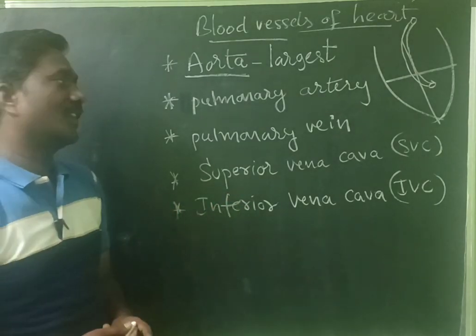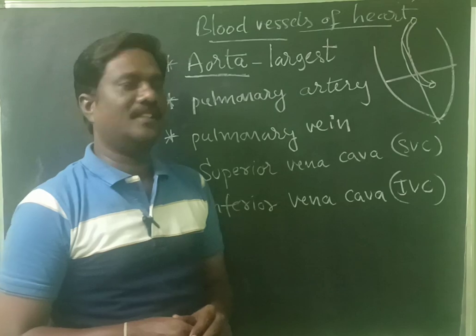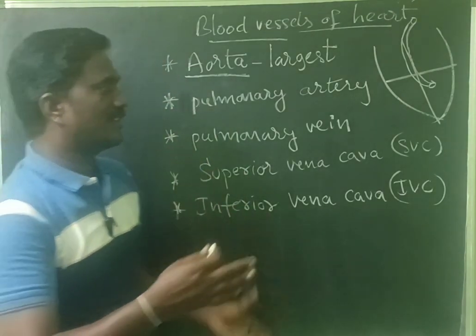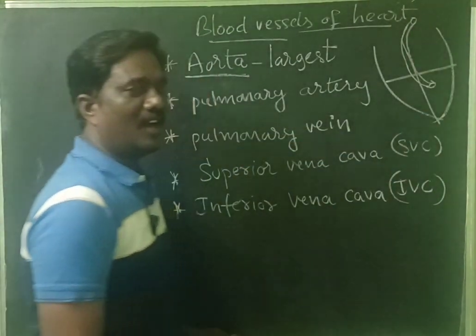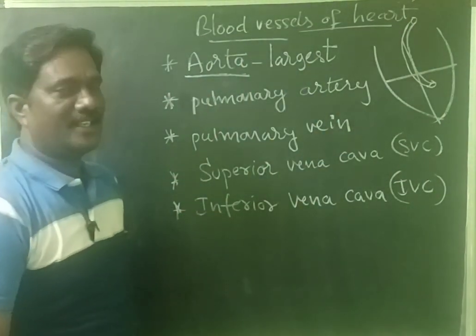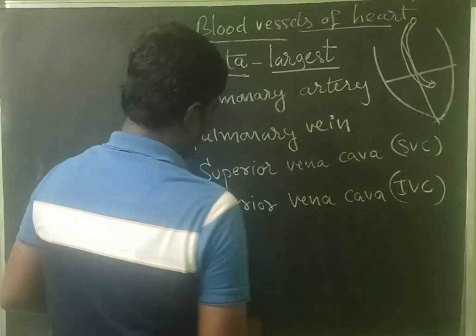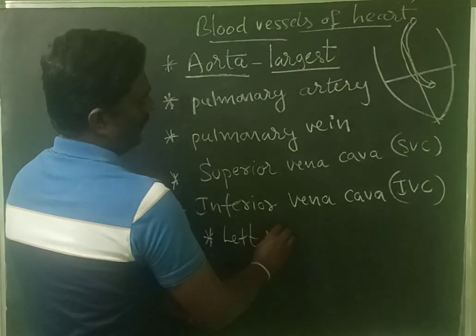It forms arches and supplies the blood throughout our body. It moves upward, then downward. That is the aorta, the largest artery, from the left ventricle.